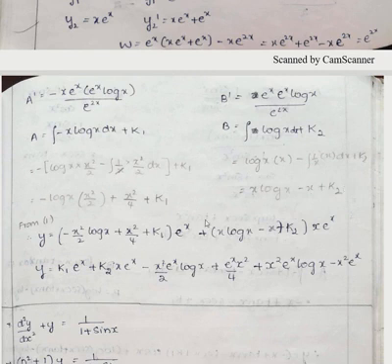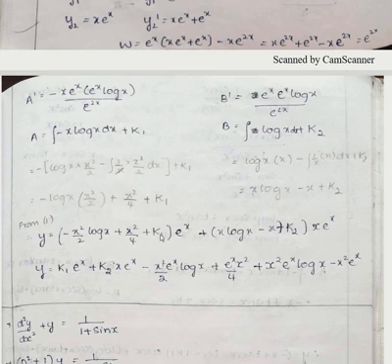This is the value of capital B. Here substitute A and B in equation 1, therefore y is equal to A into e power x. A is minus x square by 2 into log x plus x square divided by 4 plus k1 into e power x plus B into, what is B? x into log x minus x plus k2 into x into e power x. Simplify this.